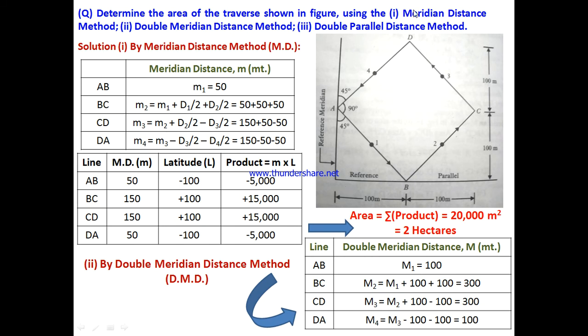In this manner we can calculate for A. For A, we are traveling here 100, then again 100, then we are moving back, so it is minus 100, and then again moving back, so again minus 100. So in this manner we can calculate the values of M1, M2, M3, M4.